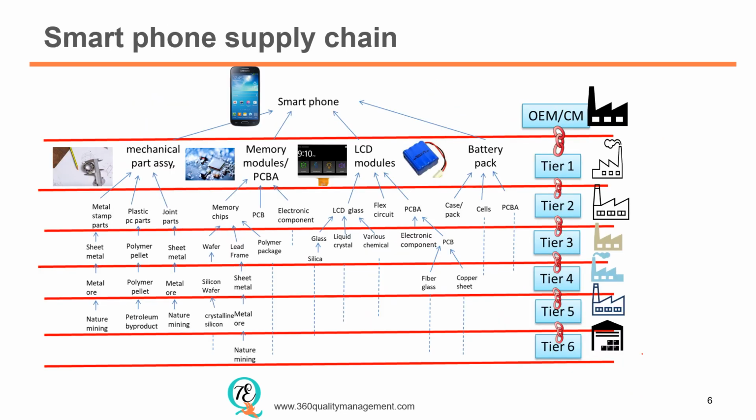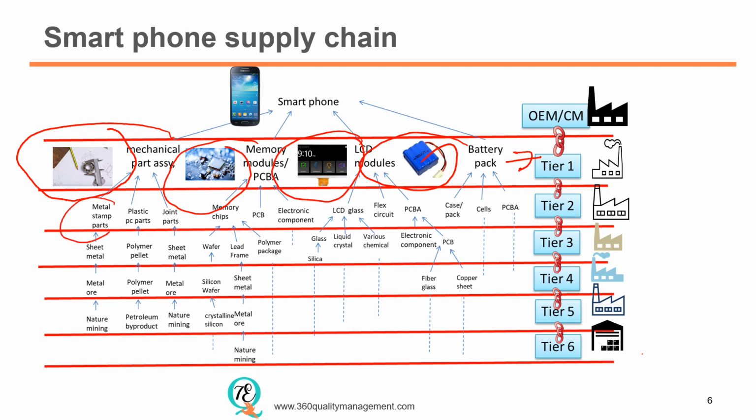In this slide, this is a more comprehensive overview of a smartphone supply chain. Generally, a smartphone will consist of these mechanical parts: memory module assemblies, printed circuit assembly, LCD modules, and battery packs. Of course, there will be some other printed circuit boards for communications. This is tier 1, and tier 2 will consist of these materials and the subparts that are used to make all this material.